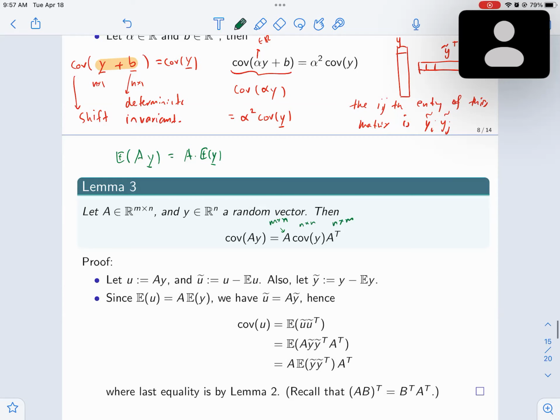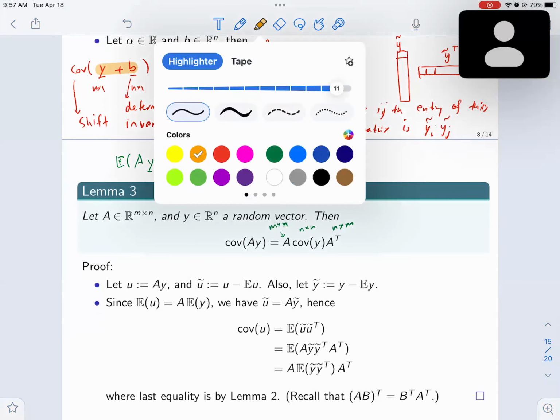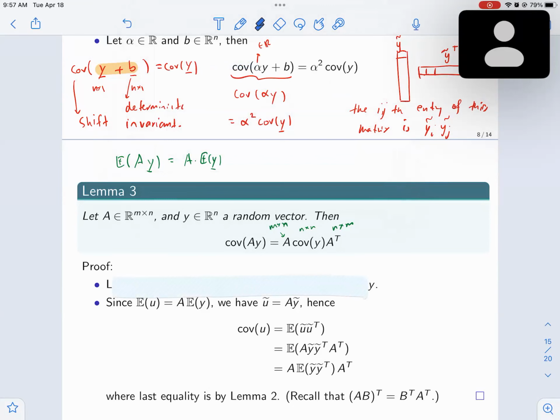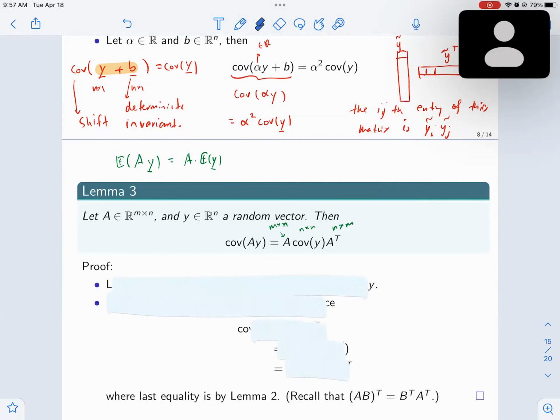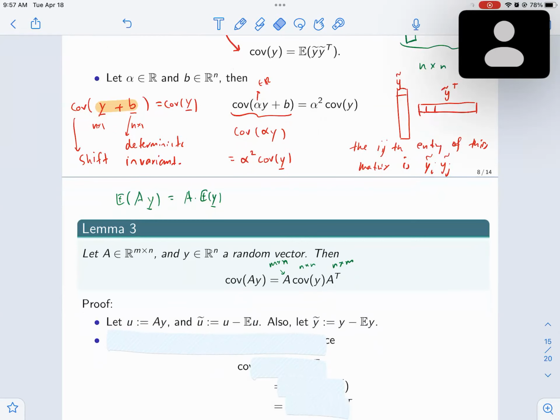Let's see, I can use this nice tool. How do we prove it? Can anyone help me prove this? I want to use this formula. Let me give you a hint.